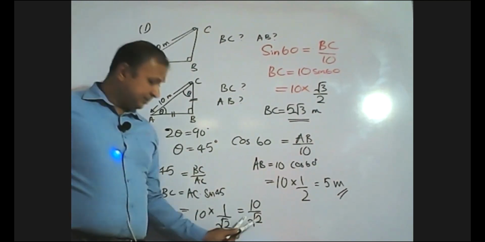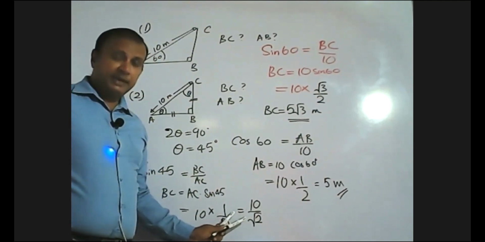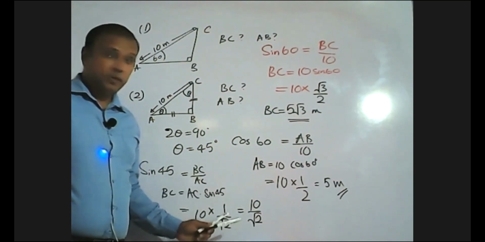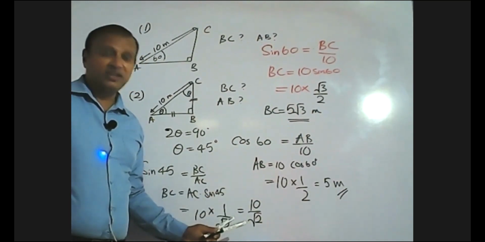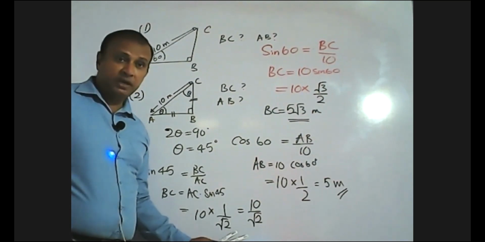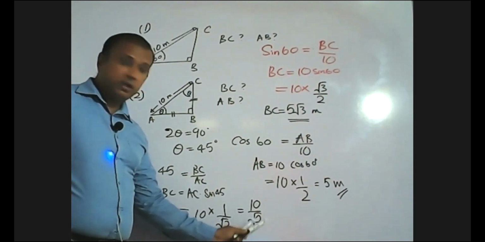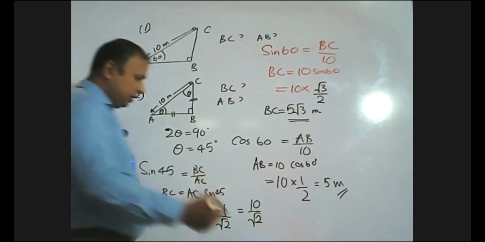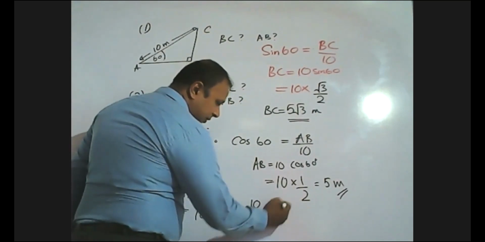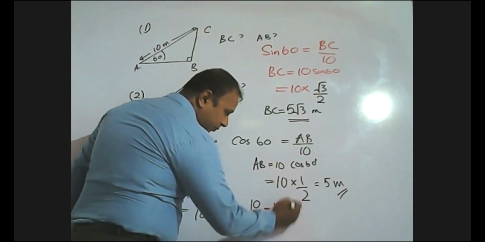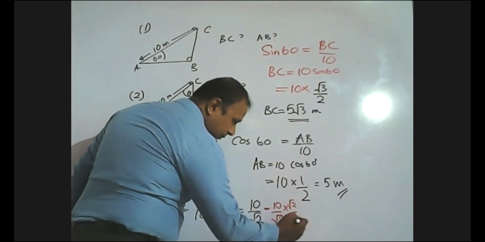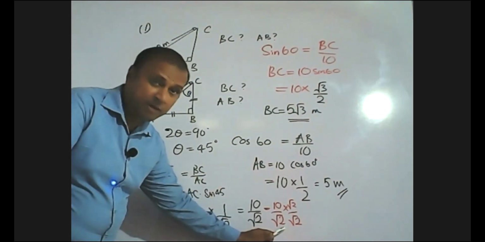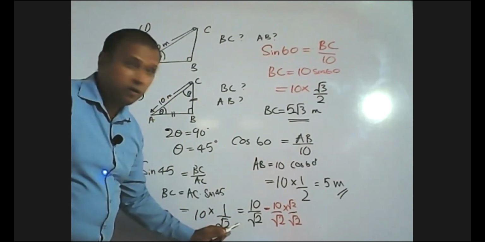In this case, the denominator is an irrational number. I think it is better to rationalize the denominator. To rationalize the denominator, you should multiply both numerator and denominator by root 2. If I multiply and divide by the same number, the ratio won't be changed.